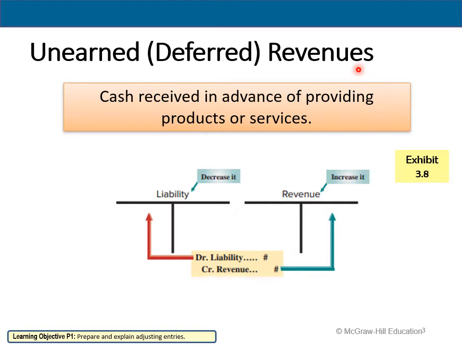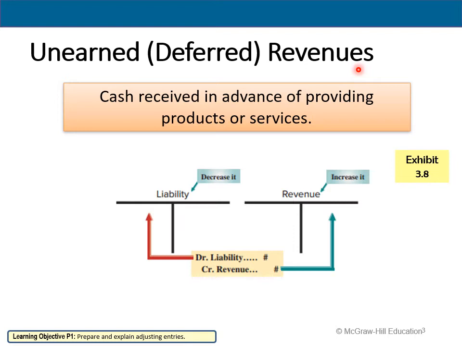Unearned revenue. The thing about unearned revenue is the name can be confusing because it has revenue in the title, but unearned revenue is not revenue. It is a liability. And the reason an unearned revenue is a liability is because you've already received the cash. The company has already been paid, but they have not yet provided a good or a service. So they have to do that prior to earning the revenue.